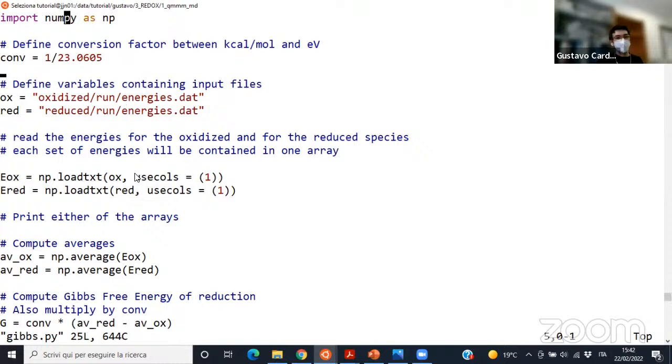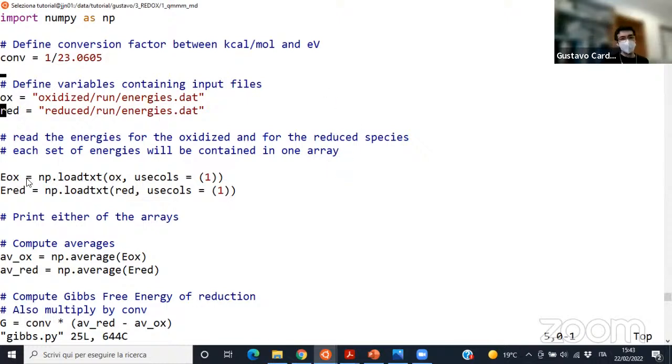Okay, so the first thing is, here we define two variables, which are giving me the path of the files containing the energies. So we're calling ox the file energies.dat that contains the energies in a column, the oxidized energies. This is what we will obtain in just a second. And the same thing for the reduced. So these are just two files.